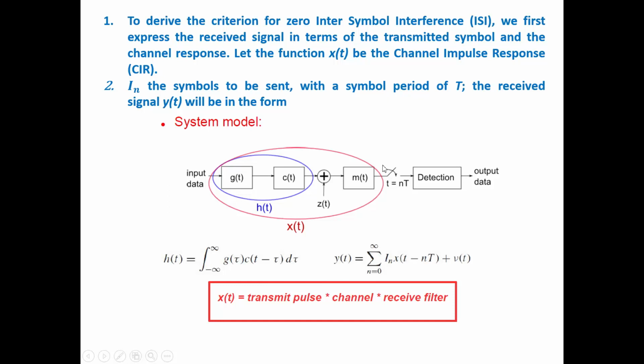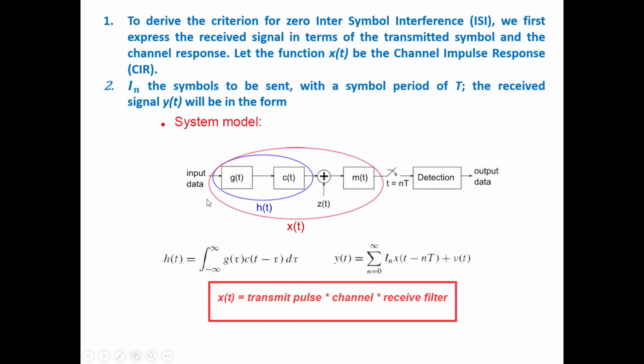Right. So at this particular point, we will receive a signal y(t). We can express y(t) in terms of x(t), which is the convolution of transmit pulse, channel response, and receive filter. We will receive a stream of pulses of x(t), and we can represent the stream of pulses by this sigma, n going from 0 to infinity.